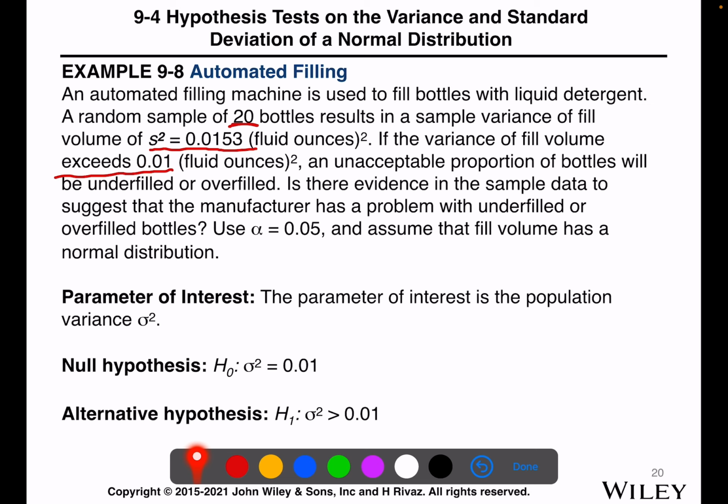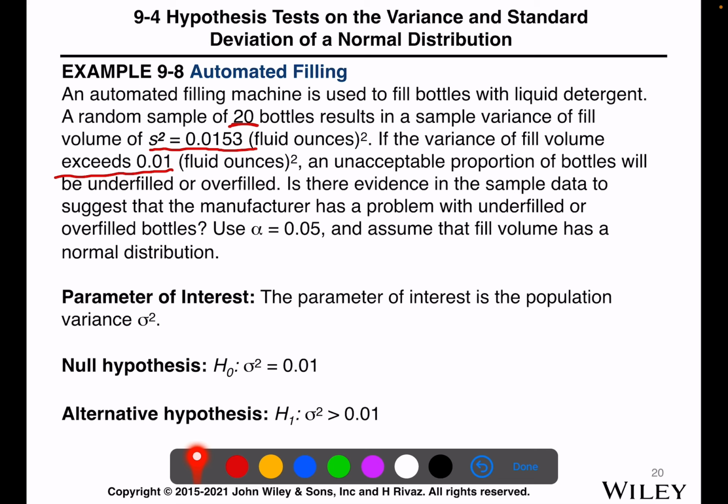So financial analysts always take that into account. They try to maximize the expected value of the return while minimizing the variance. Always, variance is a bad thing. We don't want large variations. So here, for example, if the variance is large, some of the bottles will be overfilled or underfilled.